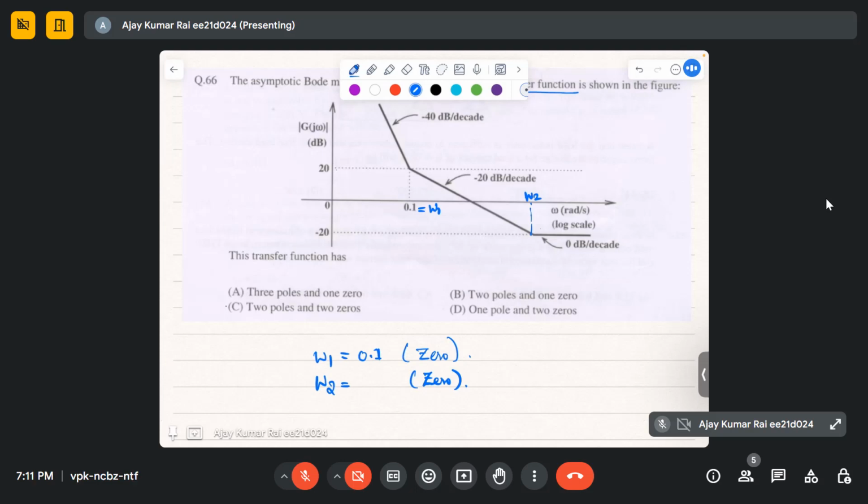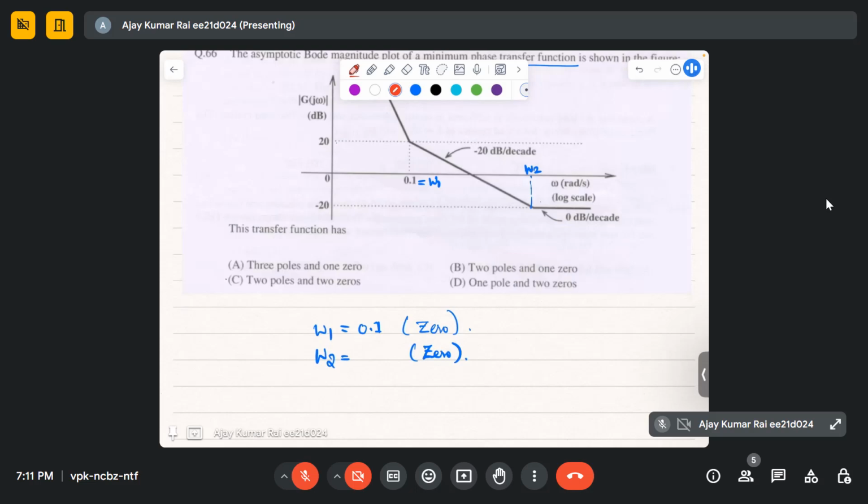We know in one decade the magnitude decreases by 20 dB. So if you go from 0.1 to 1 radian, that is 10 times.